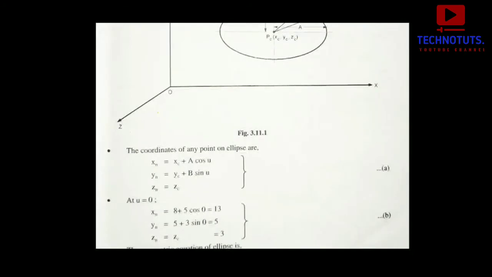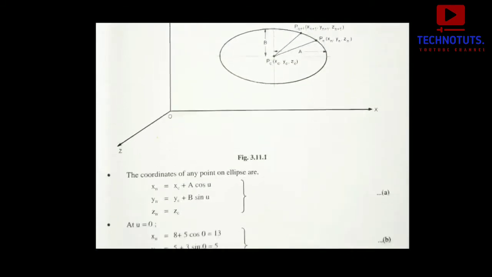Now let us find the coordinates of any point of the ellipse. The x coordinate is given by xn is equal to xc plus a cos u. The y coordinate is given by yn is equal to yc plus b sin u, and zn is equal to zc.